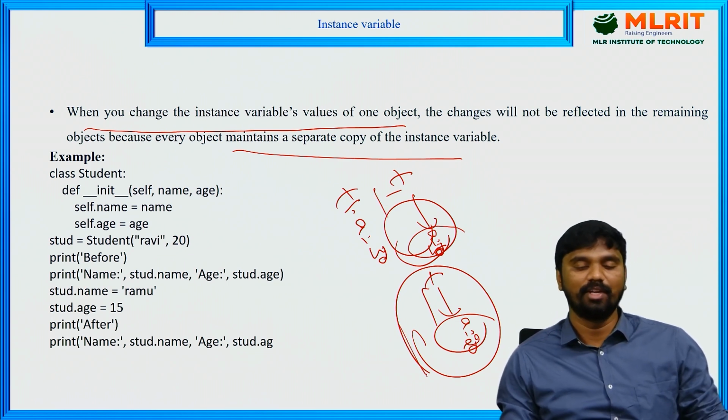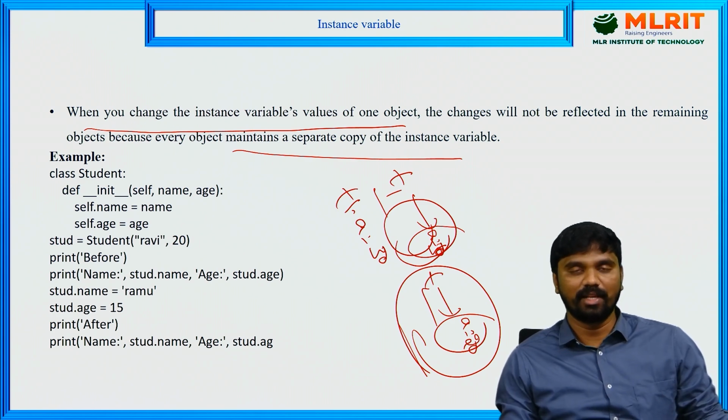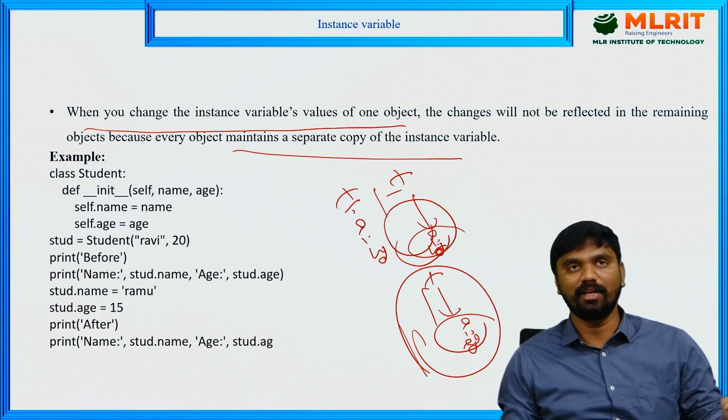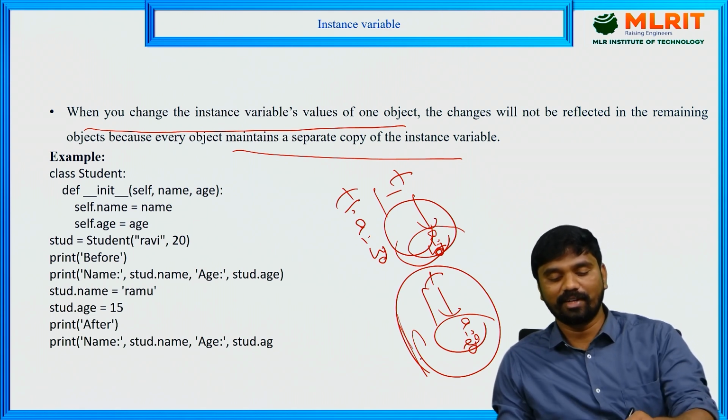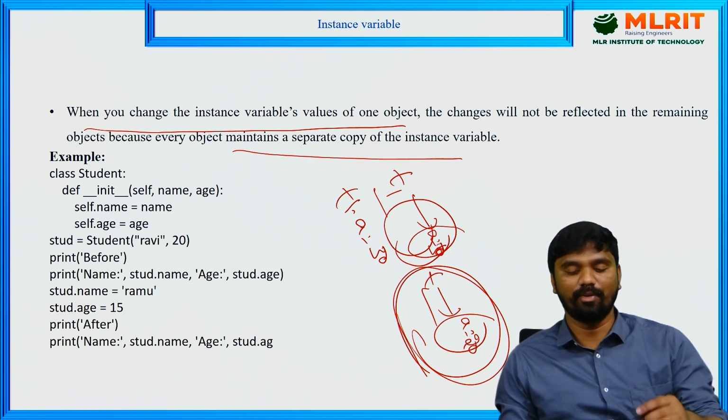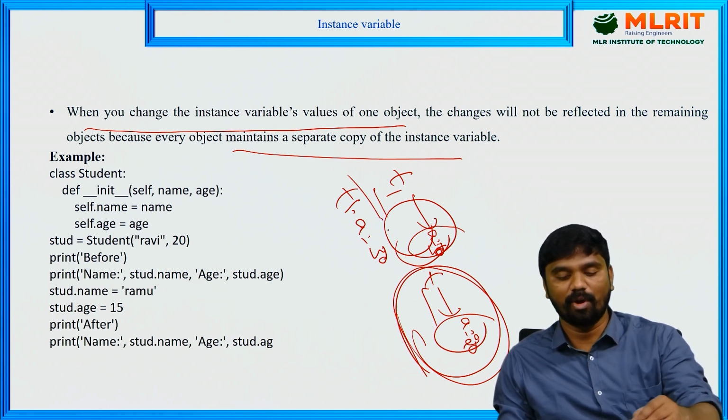That means if you modify the value of an instance variable using an object, that value will be updated in that object only, not reflected in the other object. Why? Because every object maintains a separate copy of the instance variables.